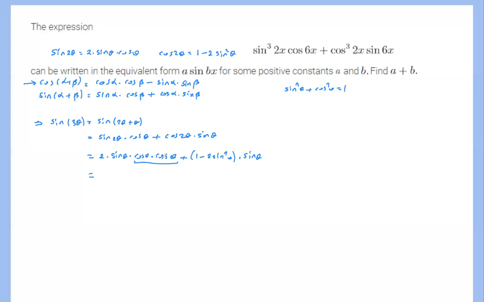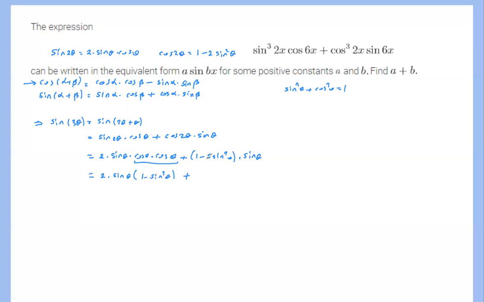So cosine squared theta is 1 minus sine squared theta. That's actually what we use to get this as well. So let's replace right here. 2 times sine theta times cosine squared, which gives us 1 minus sine squared theta.